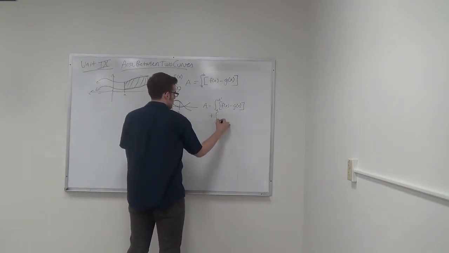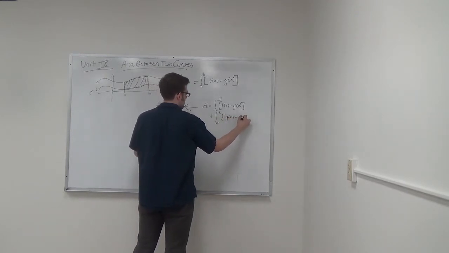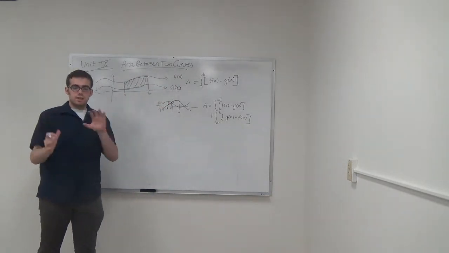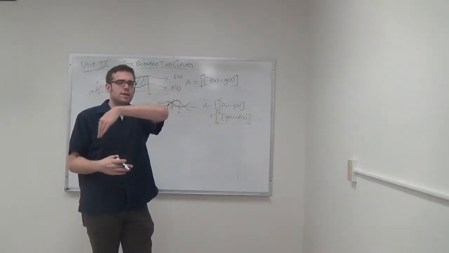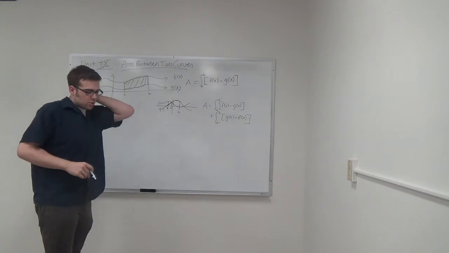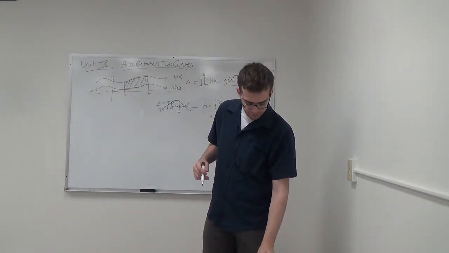So a prime and b of g of x minus f of x. And this can be repeated as many times as a function takes over another function. So we're going to do an example of both.